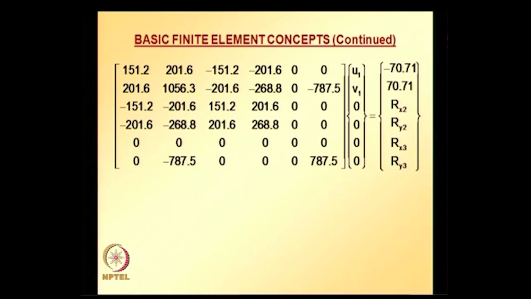So, they are indicated using r x2, r y2, r x3, r y3, and to solve this equation system we can actually ignore the rows and columns corresponding to 0 specified displacement. If the specified displacements are non-zero, then we need the columns corresponding to those specified degrees of freedom.